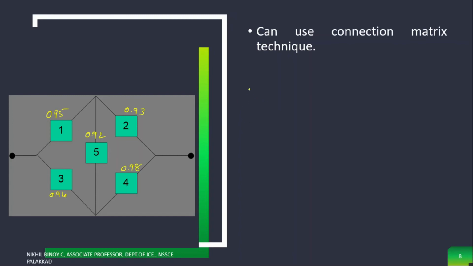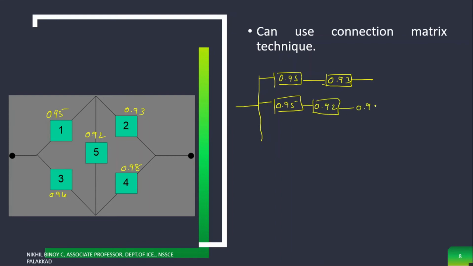So the first parallel path is 0.95, then 0.93. This is one path. The second path is 0.95, then 0.92, then 0.98.